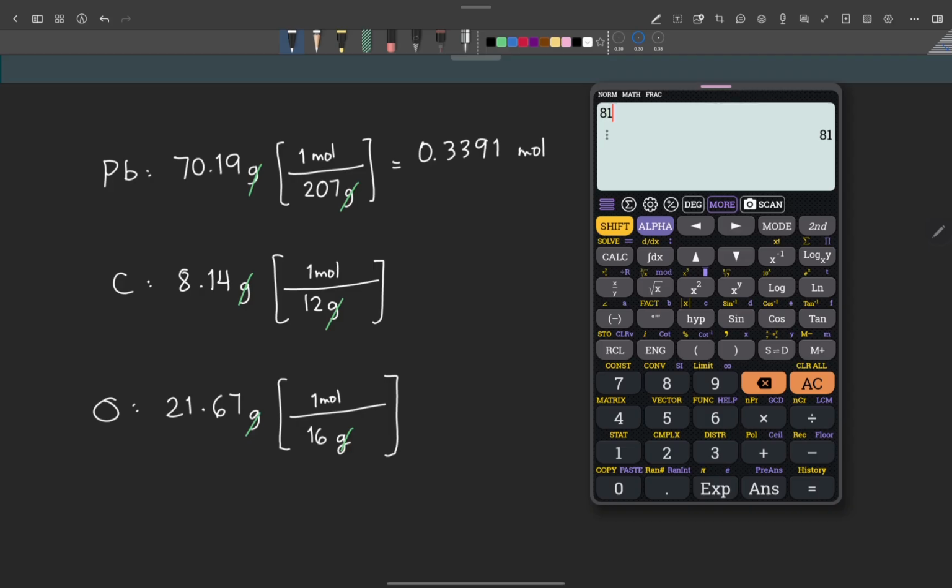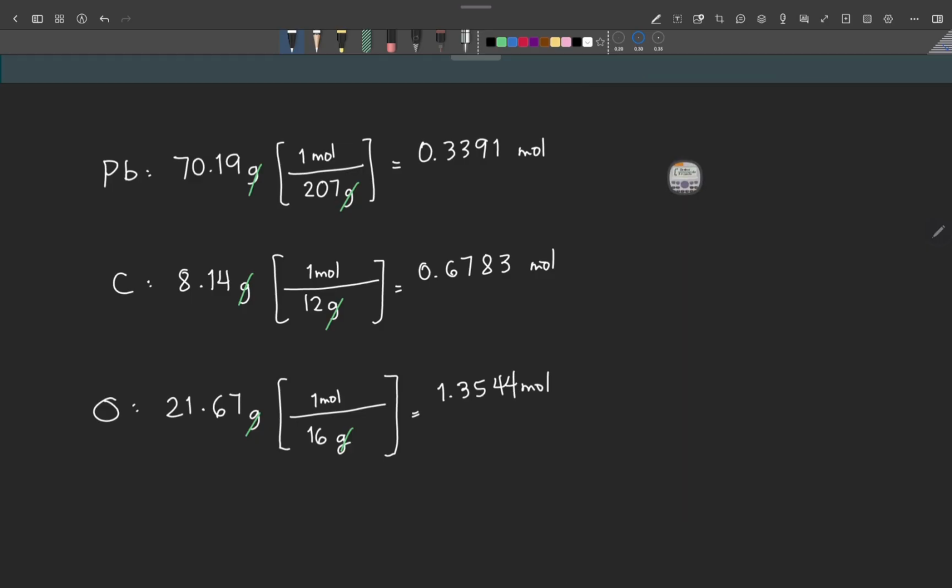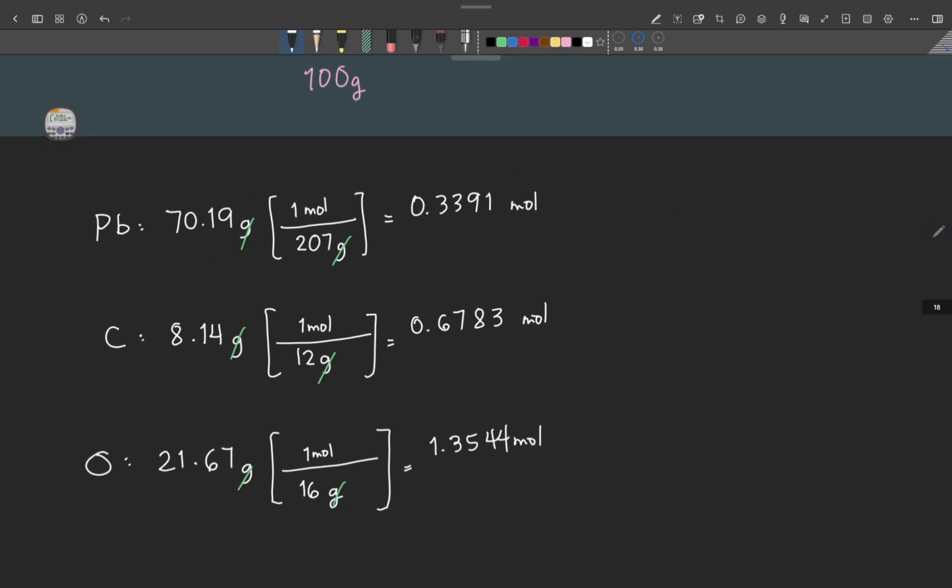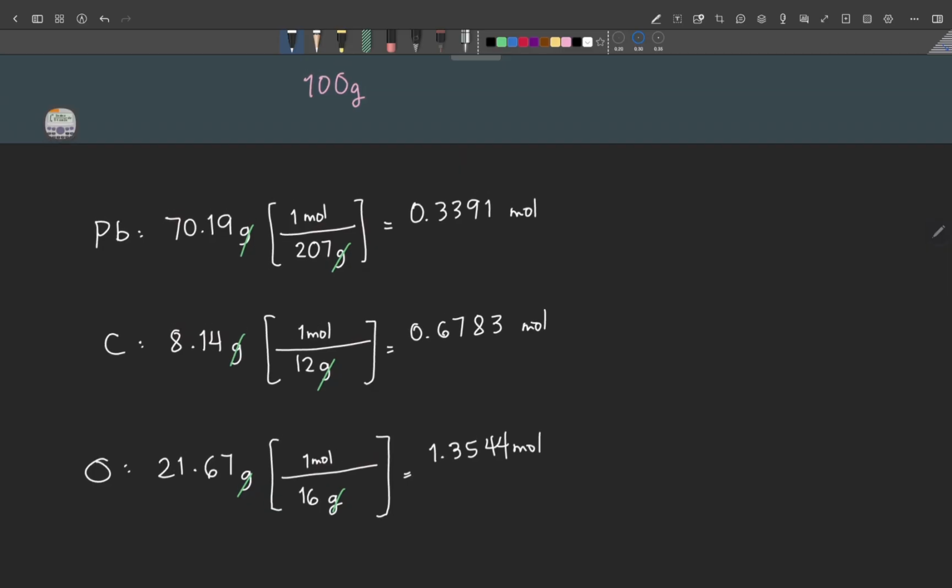Next, 8.14 divided by 12, 0.678. Then we have 21.67 divided by 16, 1.354344 mole. Okay. Then the next step is to divide it by the lowest.